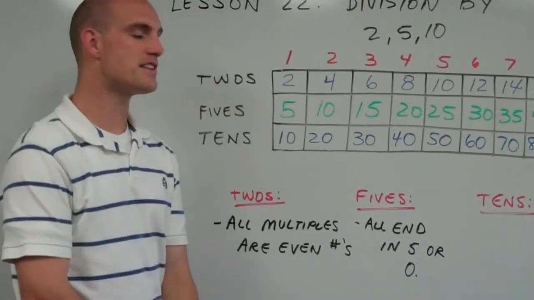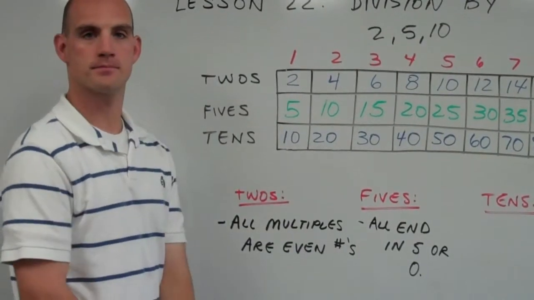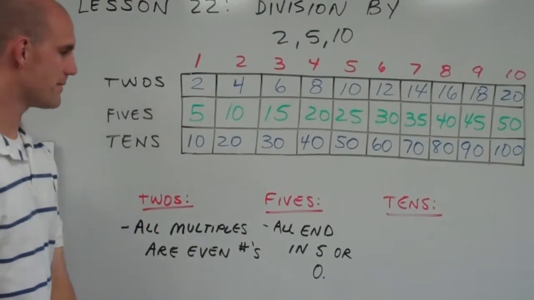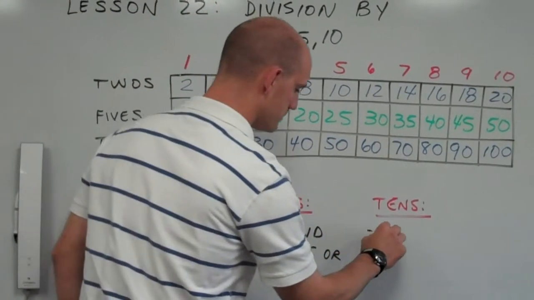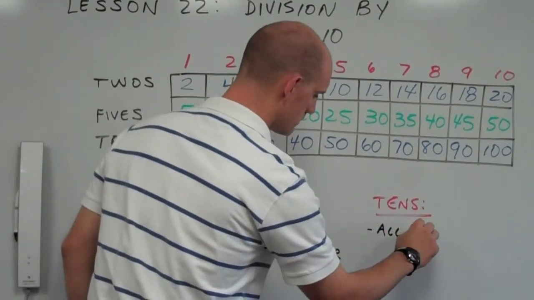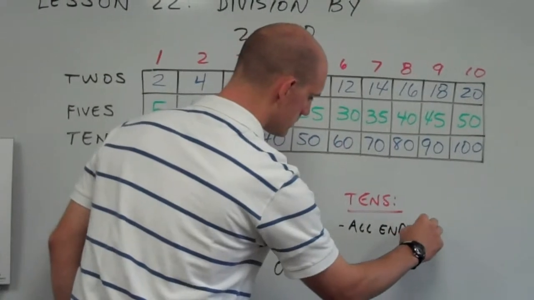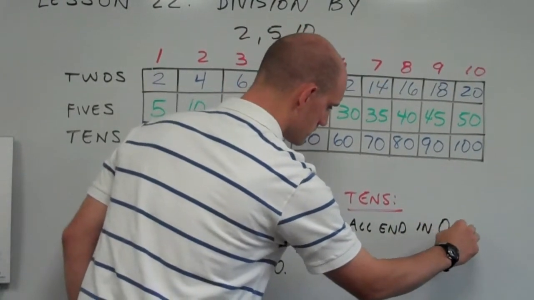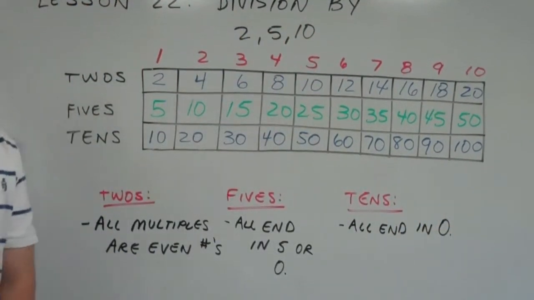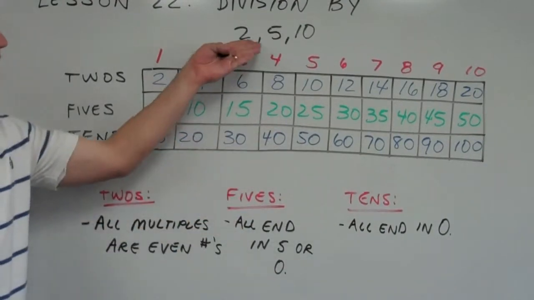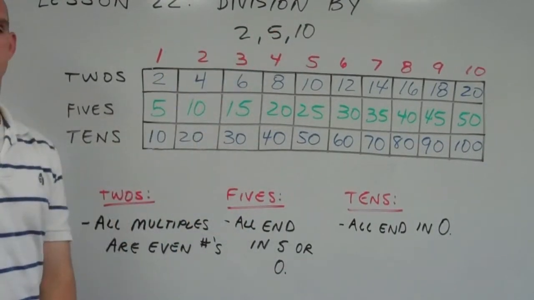What do you notice about the tens as you go down the line? That's right. All of them end in 0. These are going to be general rules that we use to talk about division by 2, 5, and 10.